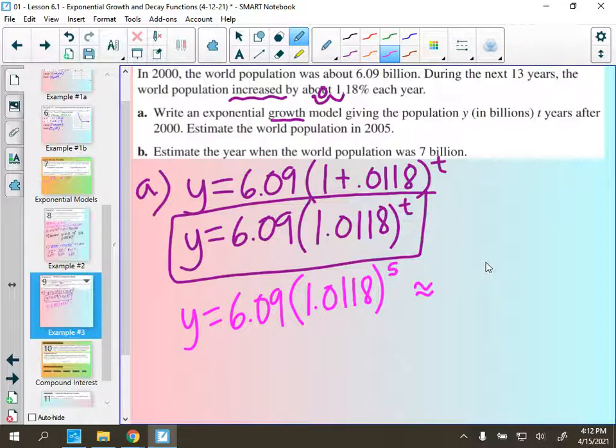So what are we talking? How many people here? Going for the calculator, 6.09. My answer will just be in billions, times 1.0118 to the 5th power. If we round to the nearest hundredth, about 6.46 billion people would be our population.